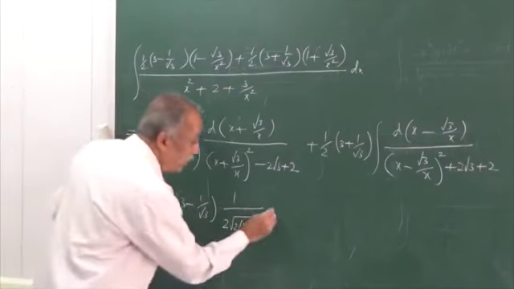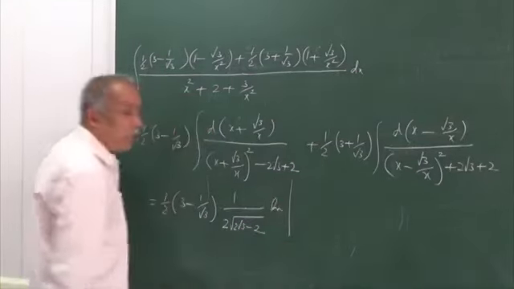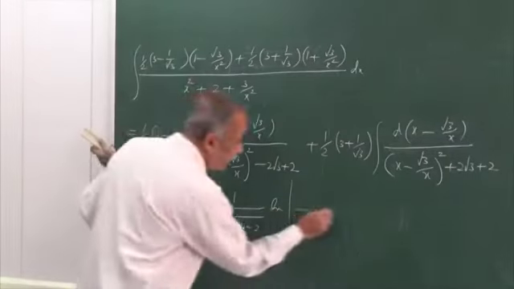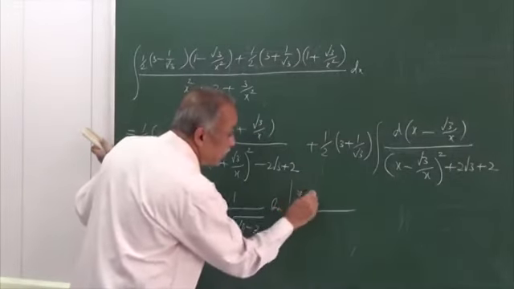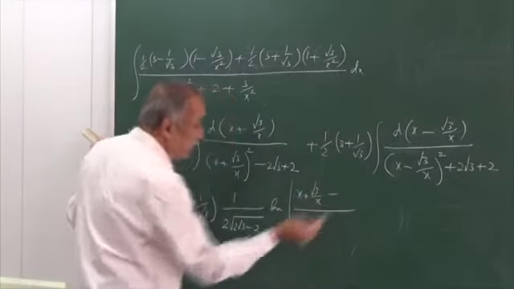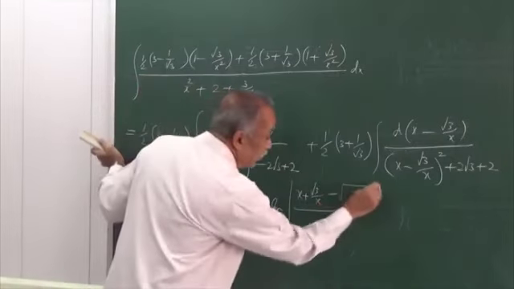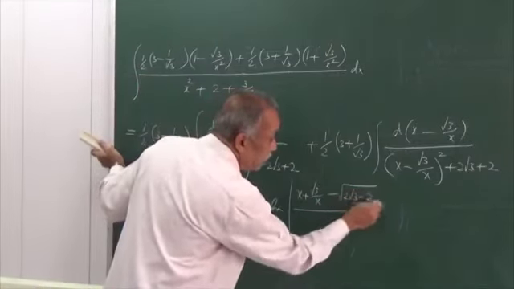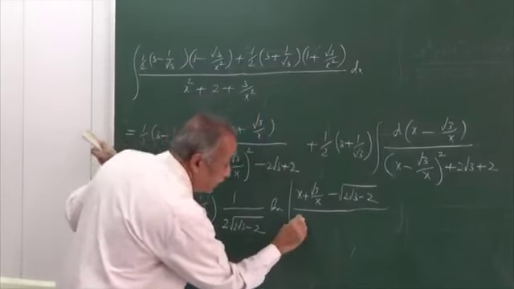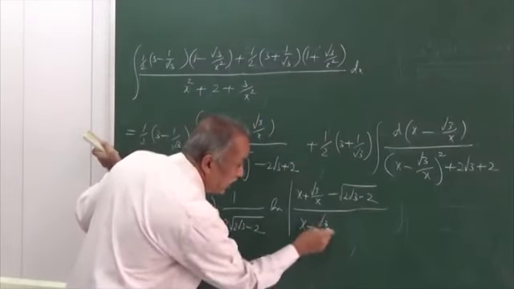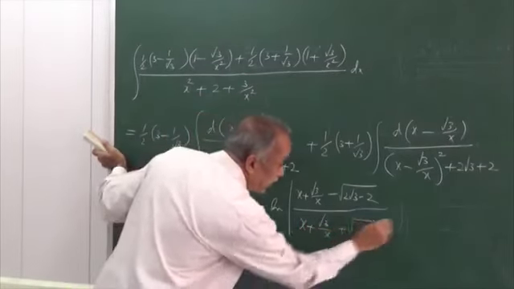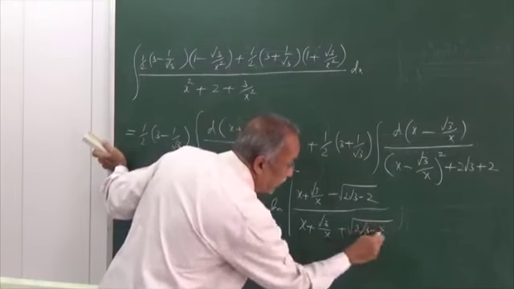1/2a into log of the modulus of (t = x + √3/x) minus a, with a = √(2√3 − 2), divided by t plus a, where a is the root of 2√3 − 2.